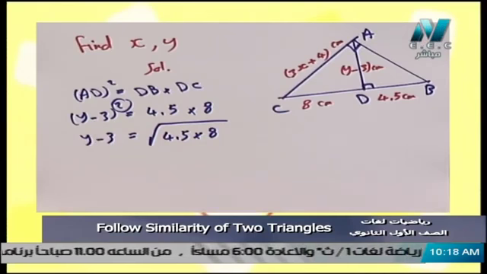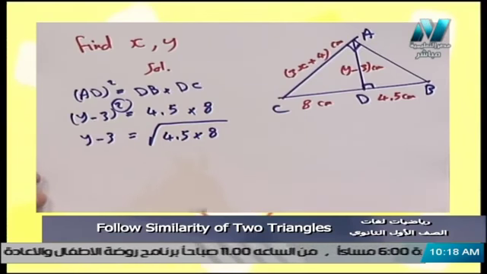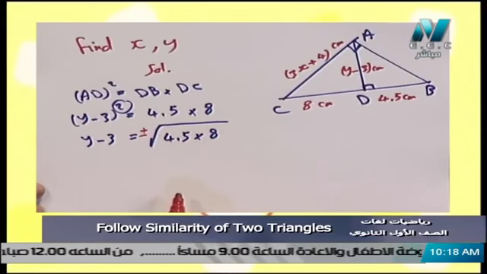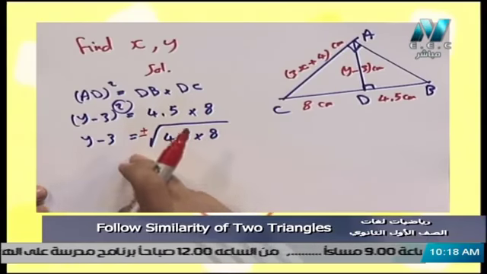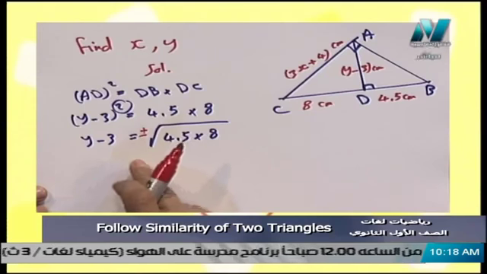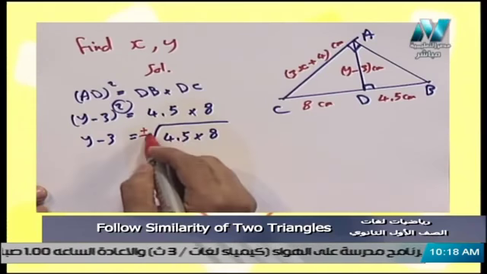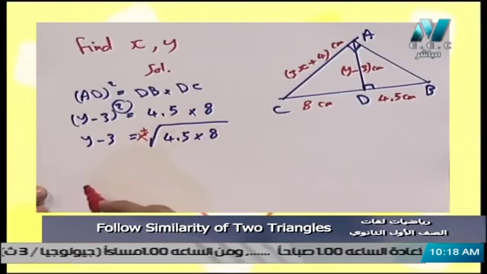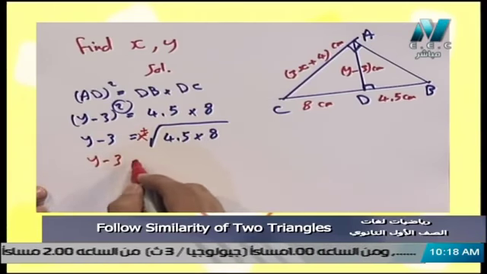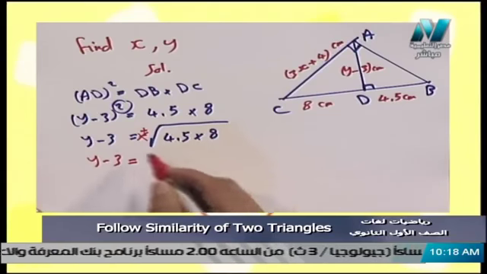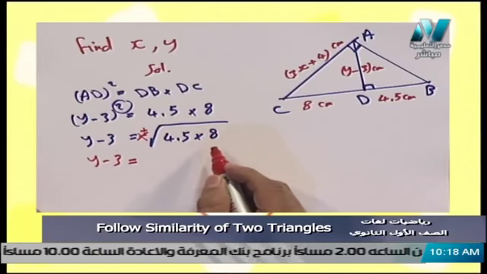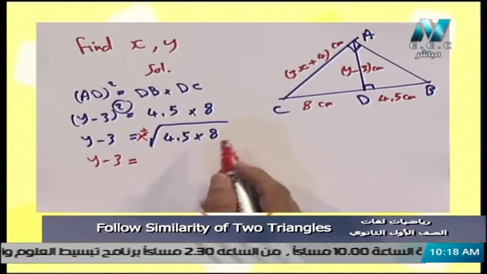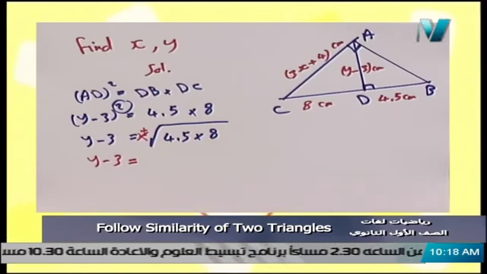And someone may say, Mister, we have to put here positive or negative. Yes, of course. But here we are dealing with lengths, so we cannot put negative; we will have positive only. So y minus 3 equals the square root of 4.5 multiplied by 8. We will use a calculator here to find the answer.